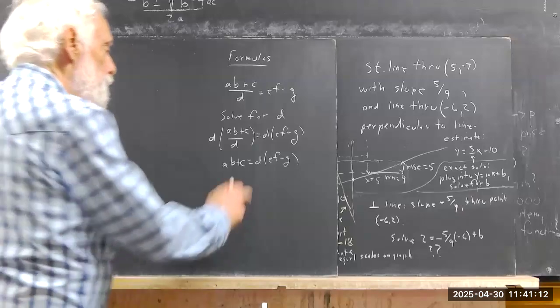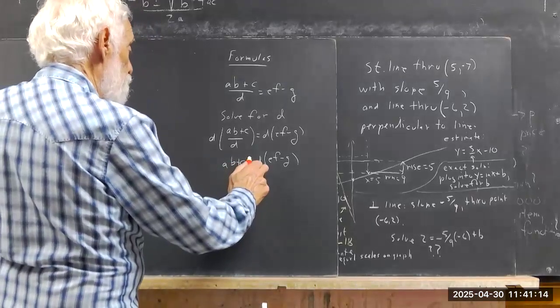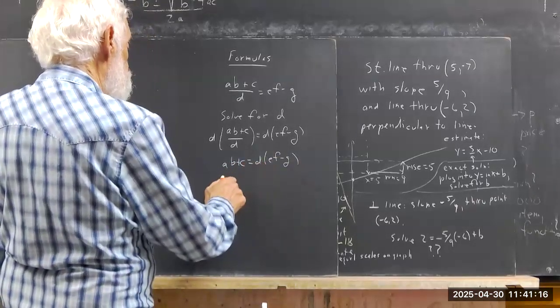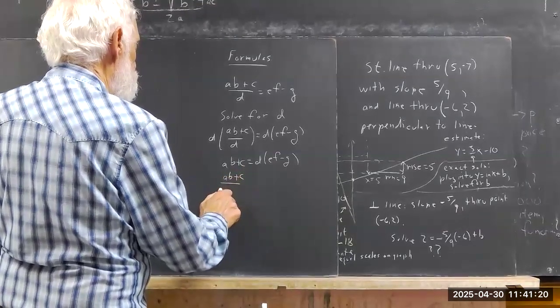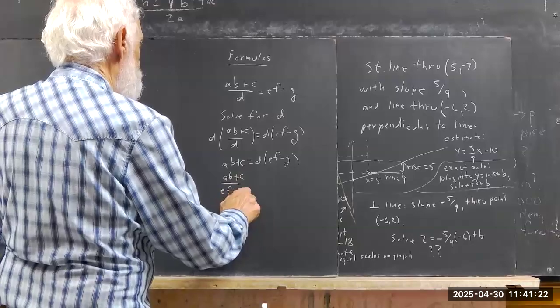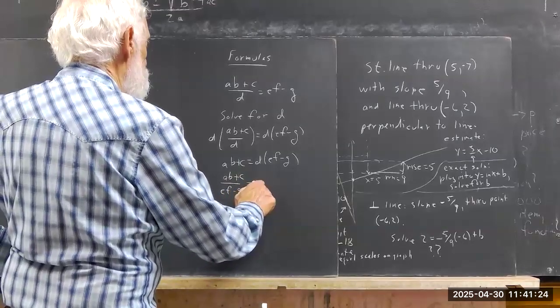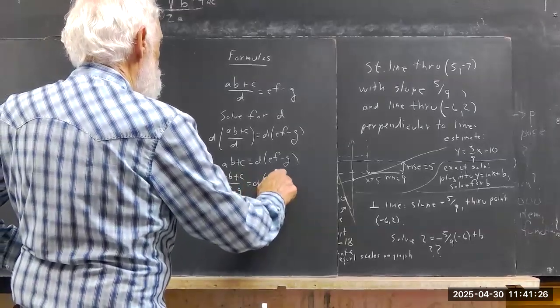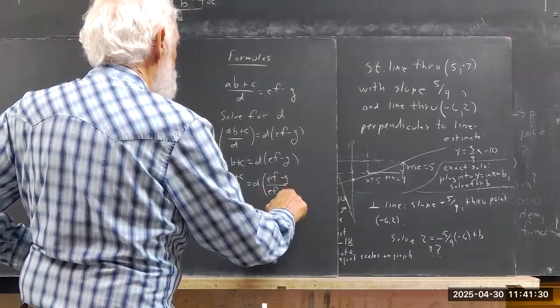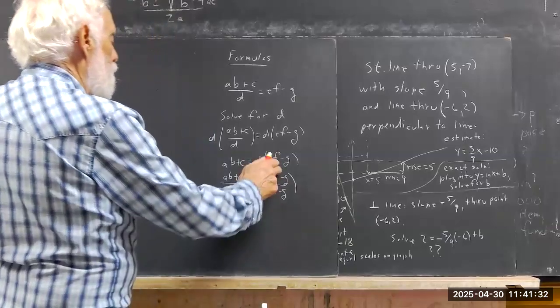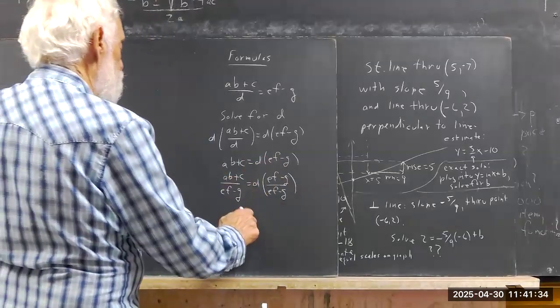Now, how are you going to solve for D? I would divide both sides by the quantity EF minus G. This gives you 1, and now you have D.